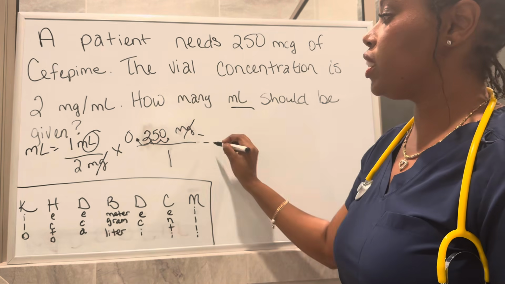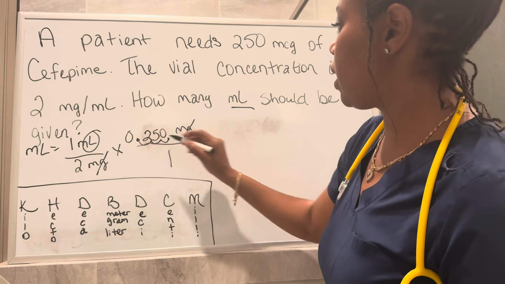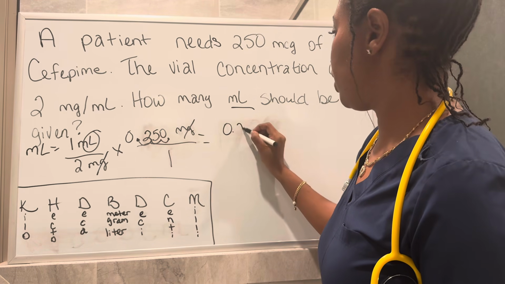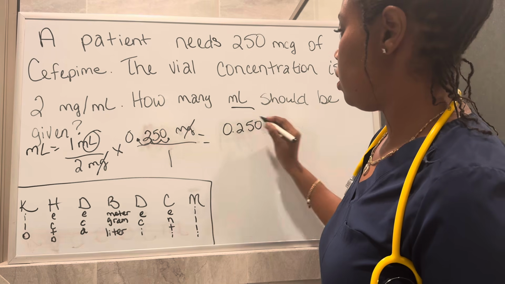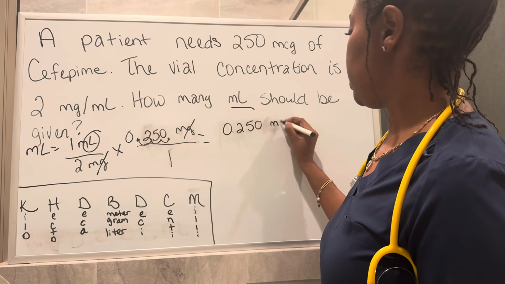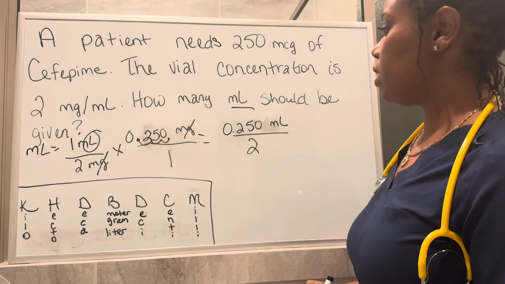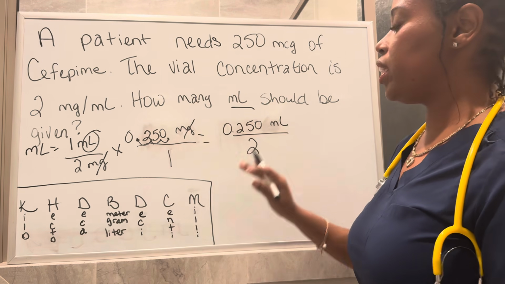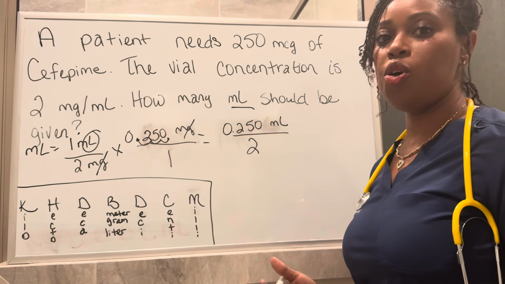Let's go ahead and finish out here. It looks like I have 1 times 0.250 milliliters over 2. I said milliliters because, as you see, I was able to cross out milligram and milligram. That's the whole point of it all.